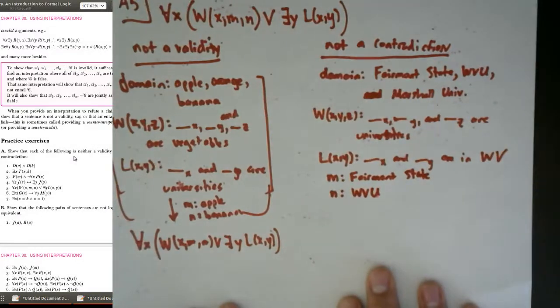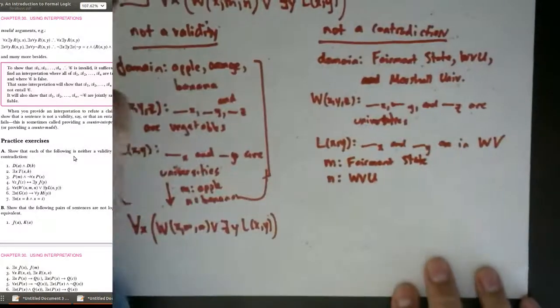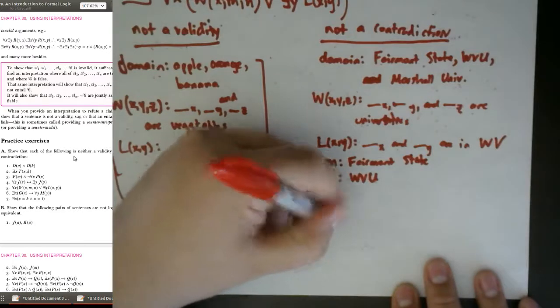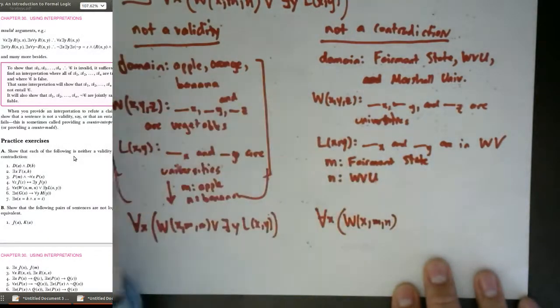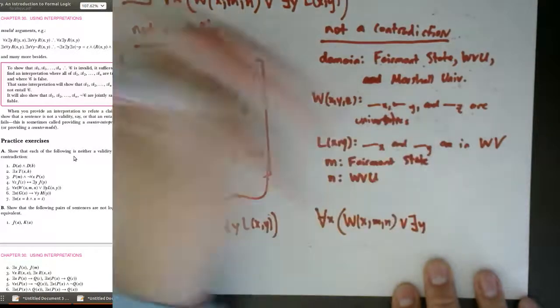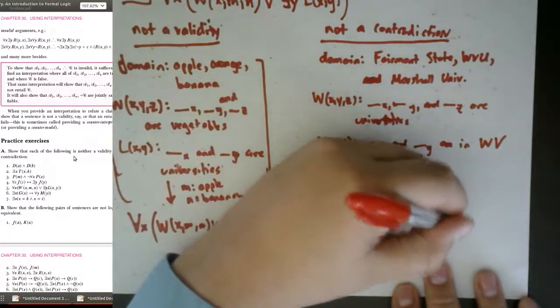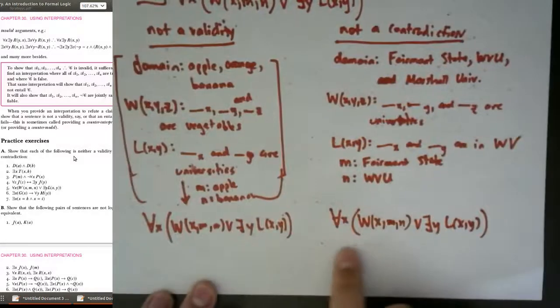And now in this case, for all x, W(x, m, n), or there exists y, L(x, y), this sentence is true.